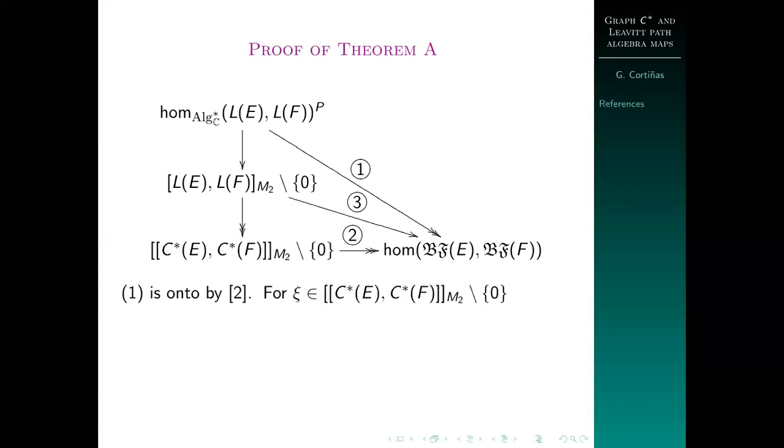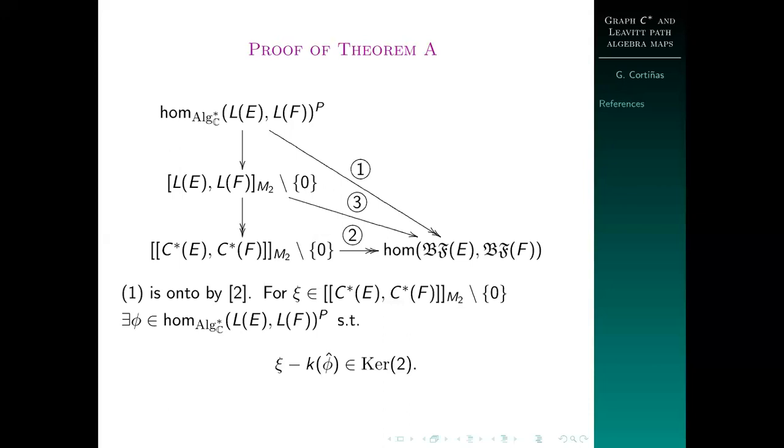So say you have a class psi, an M2 homotopy class of a map from C star E to C star F, and you want to lift this to a star homomorphism. Then you push it down to the right via the map 2, and using the fact that 1 is surjective, you can lift this to a star homomorphism phi with property P between LE and LF, and then take the difference.